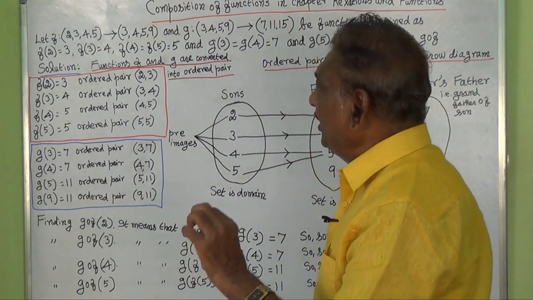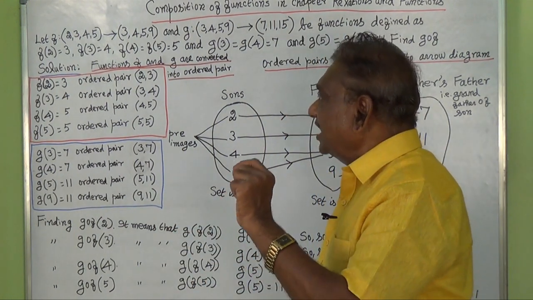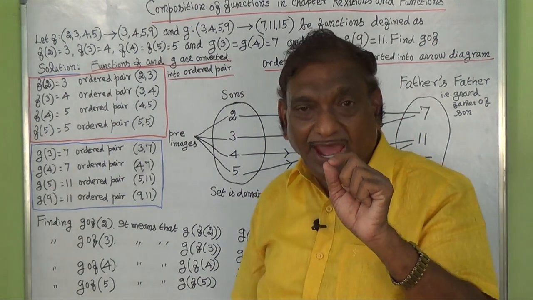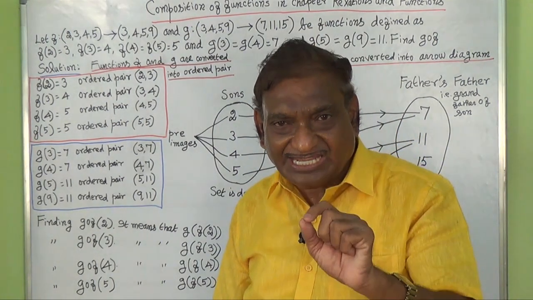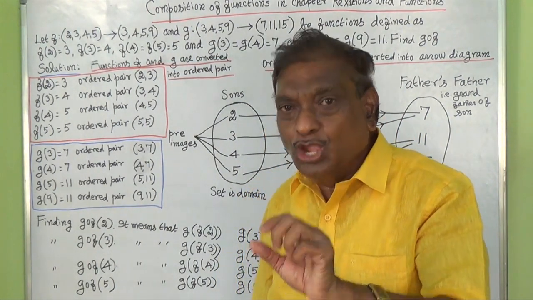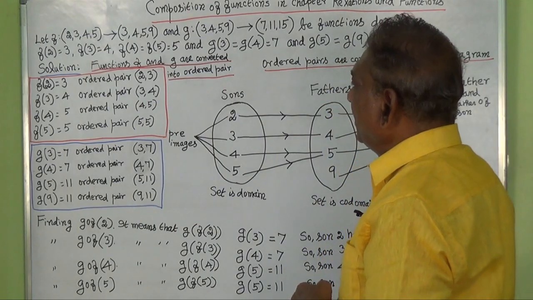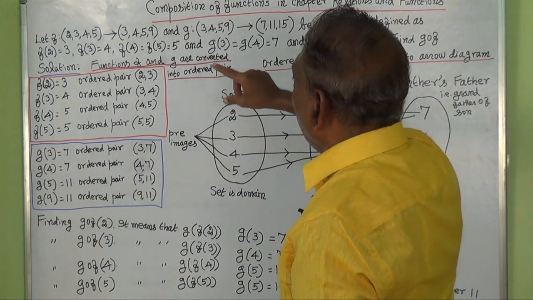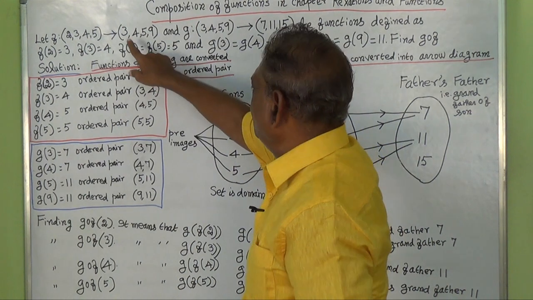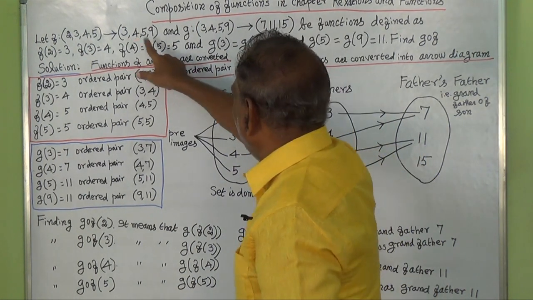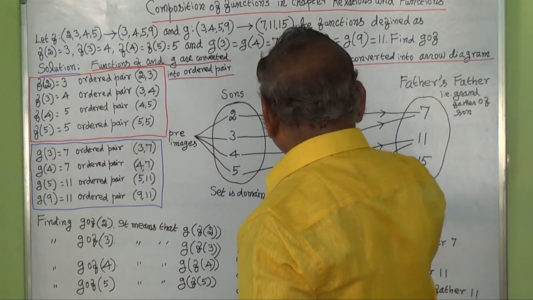Similarly, if we write all the second elements of the ordered pairs as a set, we will get the set called codomain. What are the second elements of the function f? That is 3, 4, 5, 9.